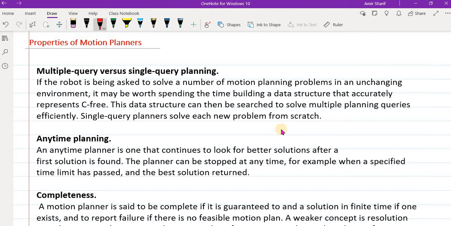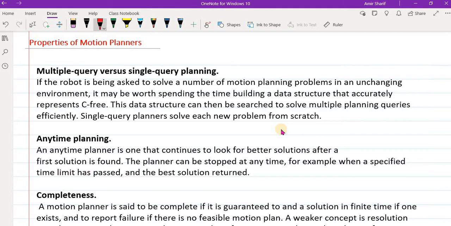Okay, so single query means that path planning or motion planning is desired only one time. For example, if a robot wants to move from one position to another only one time, then this is a single query problem.